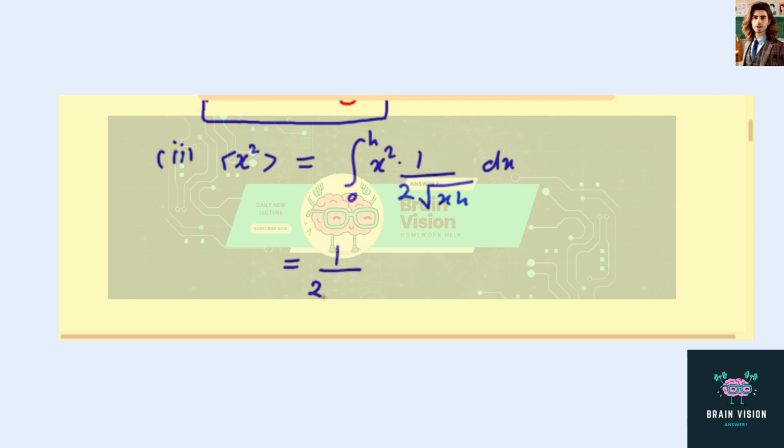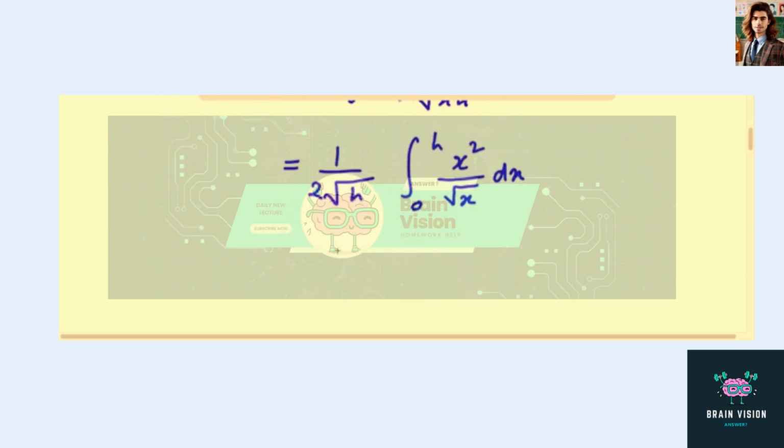It is 1 upon 2 square root of h, integral 0 to h of x square upon root x dx. Now 2 minus 1 by 2 gives 3 by 2, so x power 3 by 2 dx.